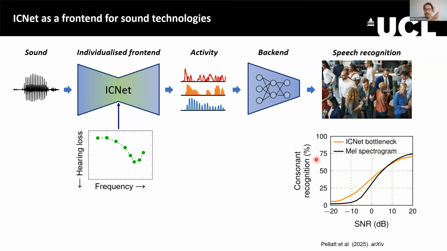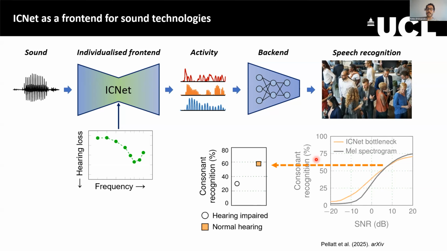But also, getting back to what Malcolm was describing about individualization, ICNet can also be conditionalized like other models so that it individualizes the hearing loss profiles of listeners to reflect hearing impaired processing. And again, I trained the model of the previous example to predict speech using both a normal hearing and a hearing impaired ICNet frontend.